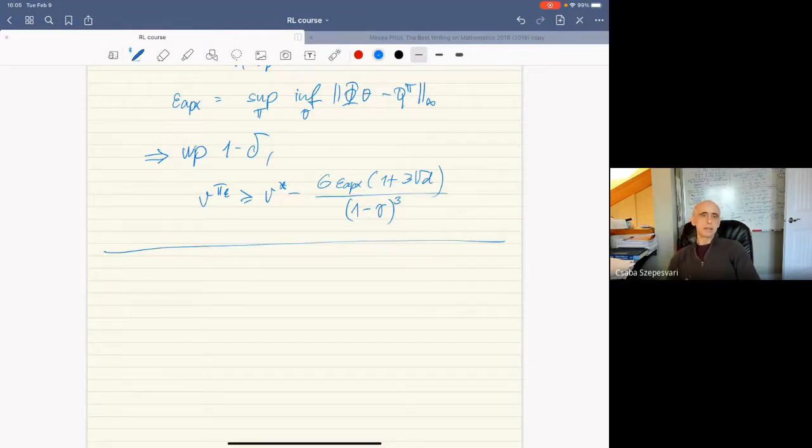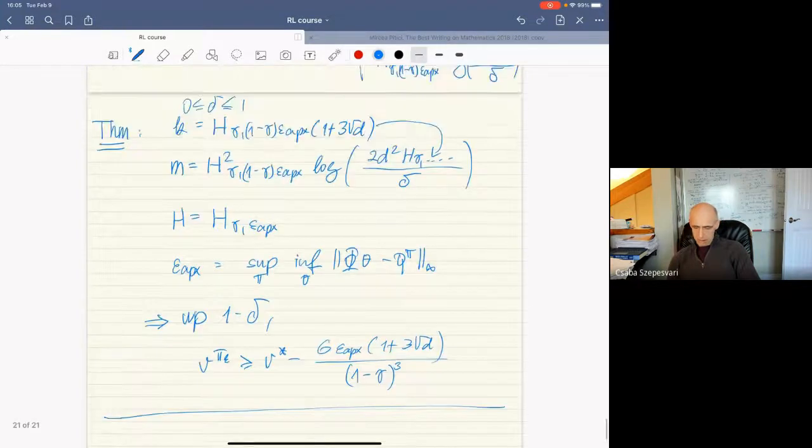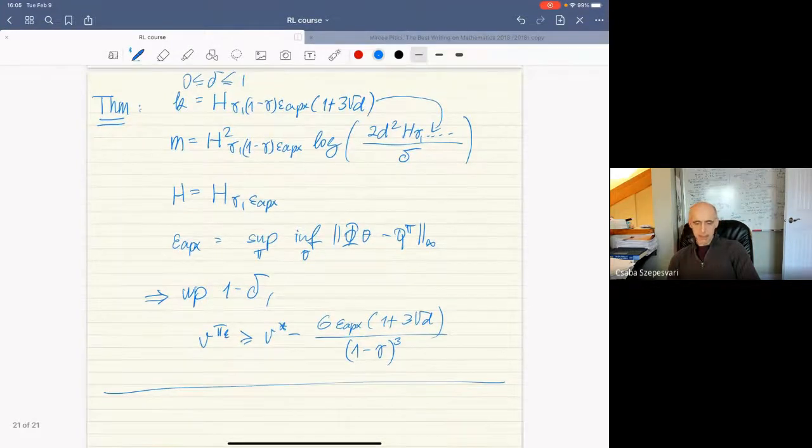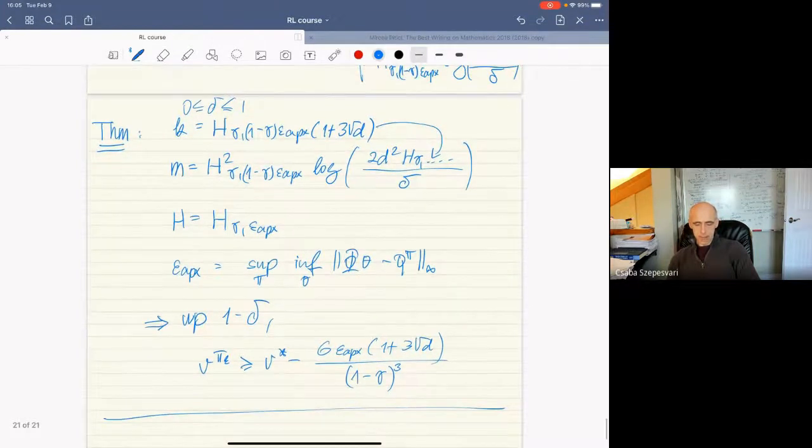So if we start with features where the approximation error is very, very small, then our efforts are going to scale with that. But if you remember, the definition of this was like log 1 over 1 minus gamma, epsilon approximation divided by 1 minus gamma, or something like that.